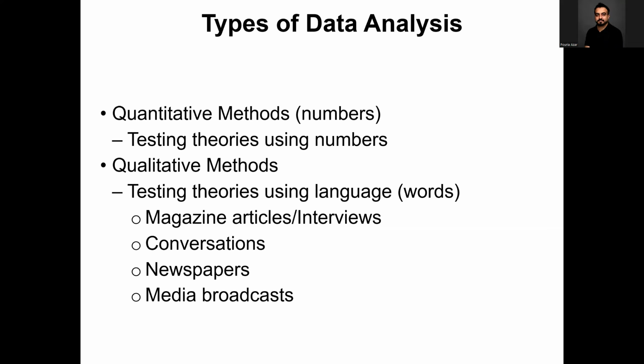Our testing method is quantitative. On the other hand, if we want to test some theories using language, using words like magazine articles, conversations, newspapers, media broadcasts, those are called qualitative methods. The focus of this course is quantitative methods.